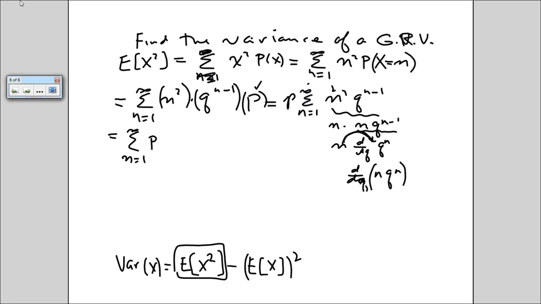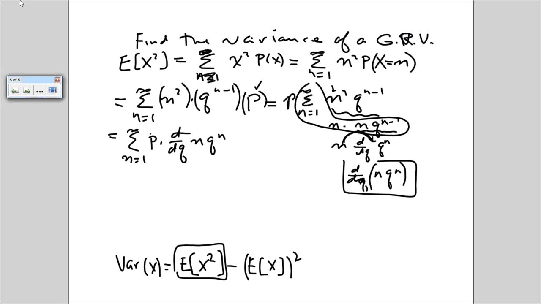So I'm supposed to sum up n times q to the n minus 1, which is just the derivative of n q to the n. And I already factored out the p, so let me continue to factor out the p. And like before, you can interchange the summation and the derivative symbol.